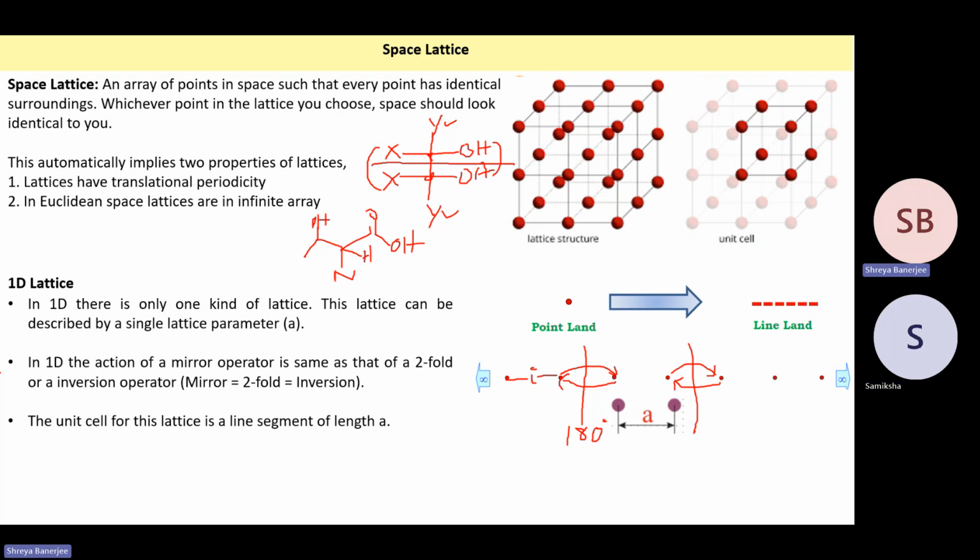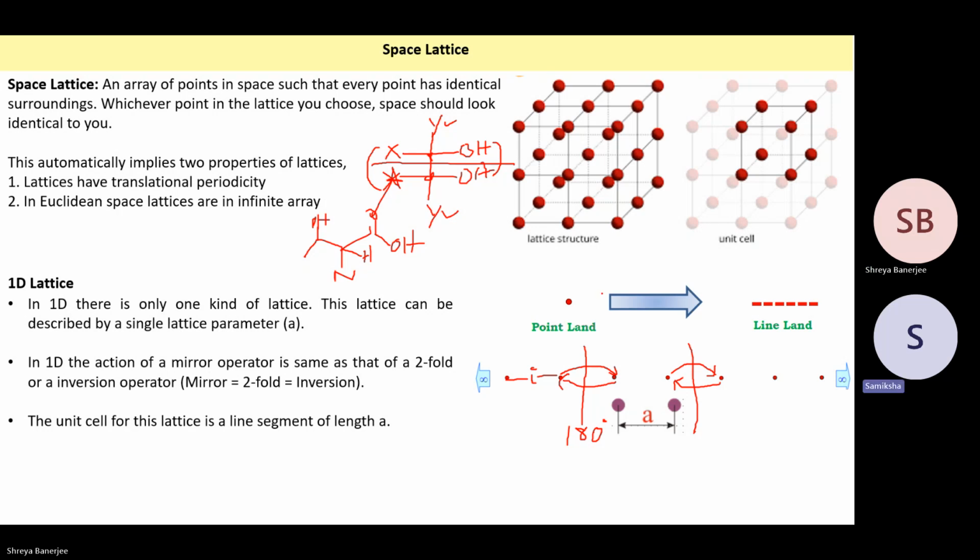And there is one exception case where you can have two chiral centers or more in a molecule, but if there is a plane of symmetry between the two chiral centers, then the whole molecule becomes achiral. And if the plane of symmetry is not there, then the molecule is chiral. So suppose instead of X, this was some other group. Then there is no plane of symmetry and the molecule is chiral.